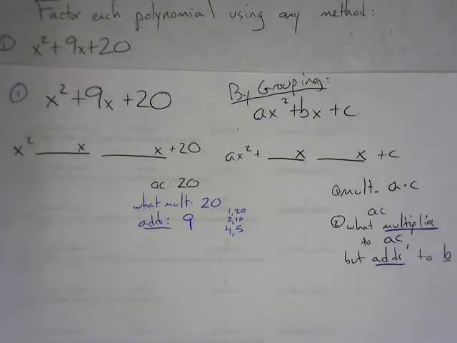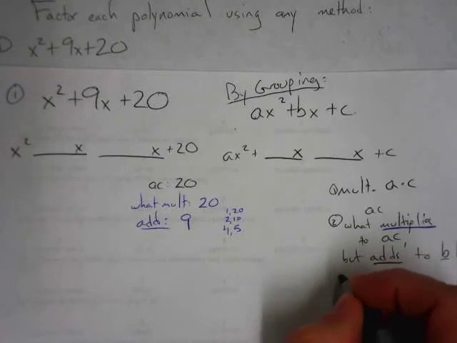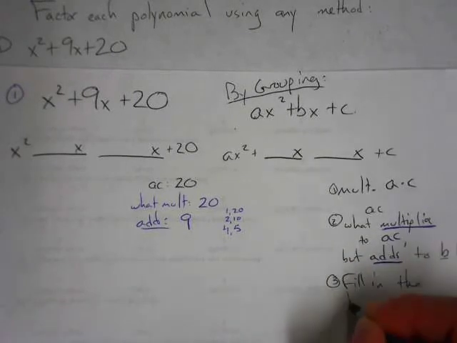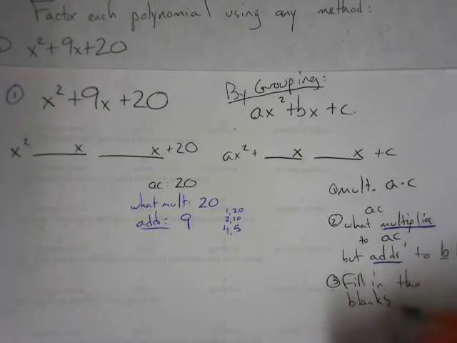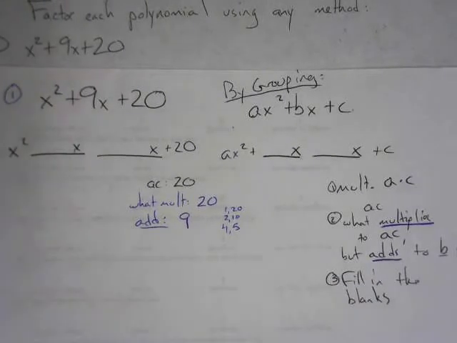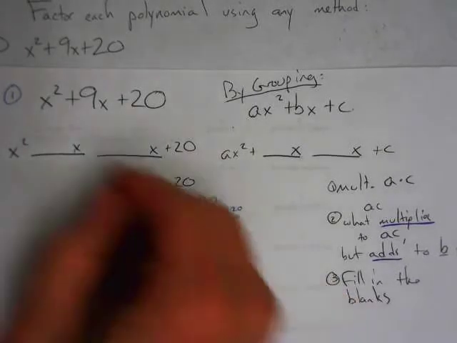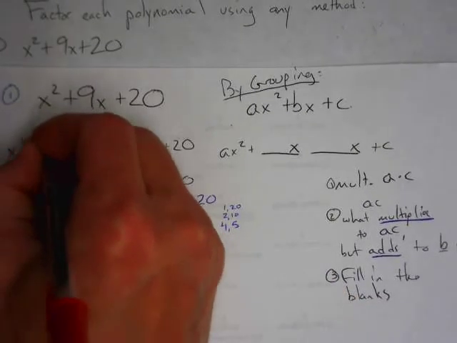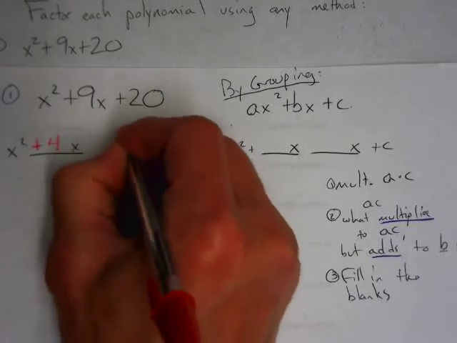So what do we do with that 4 and 5? We fill in the blanks. Step 3 for factoring by grouping is fill in the blanks. In this example, we're going to fill in the blanks with a positive 4 and a positive 5.